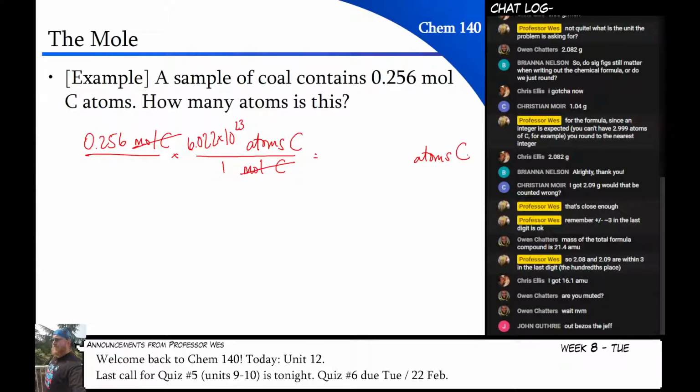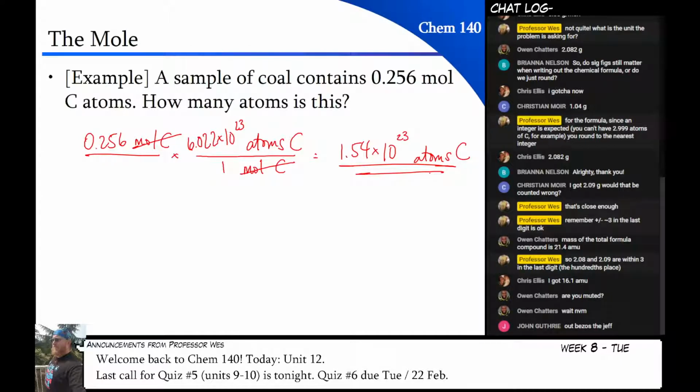And so we can calculate to 3 sig figs how many atoms are in this sample. And I got still a boatload of carbon atoms.